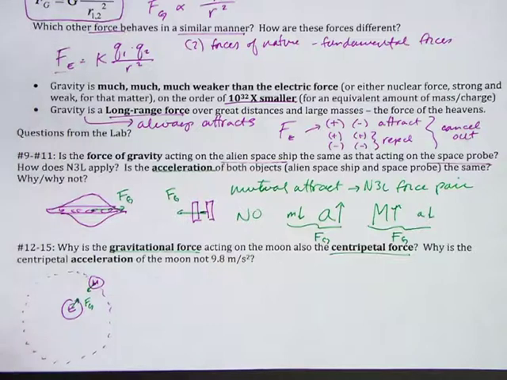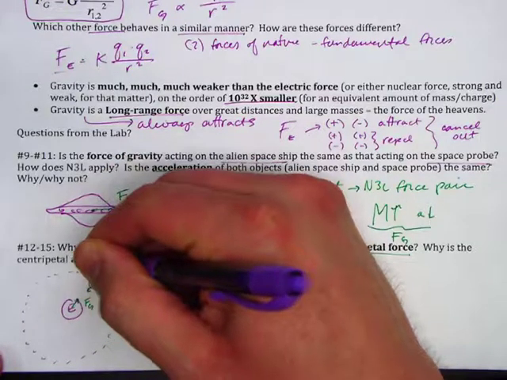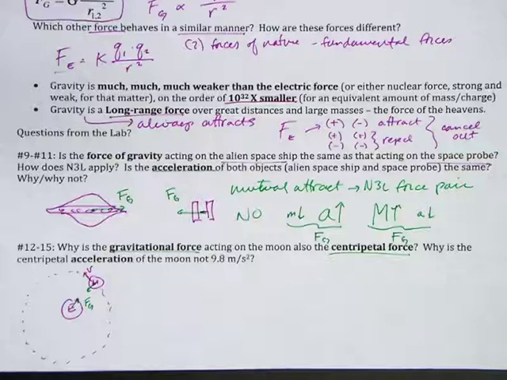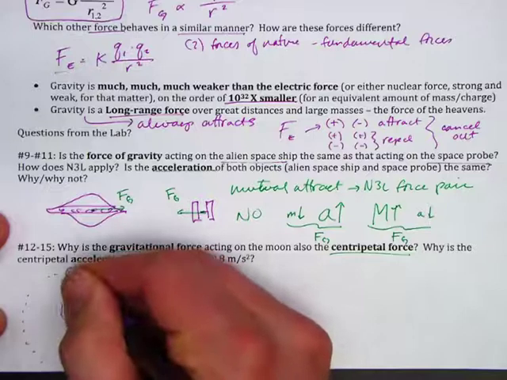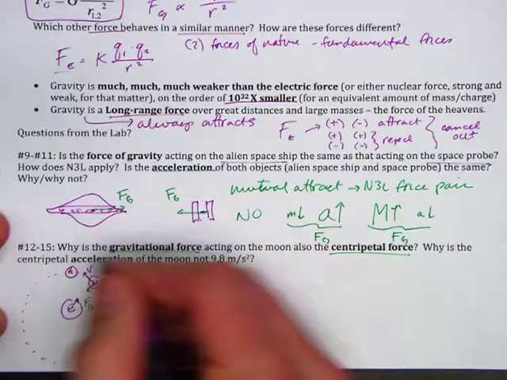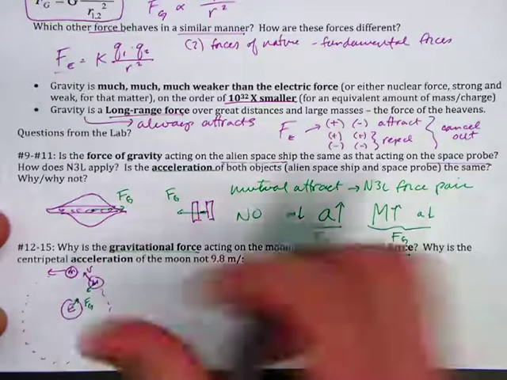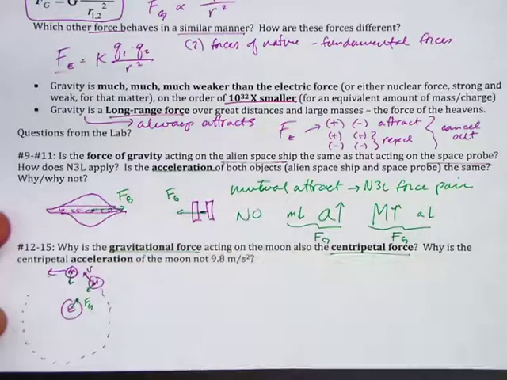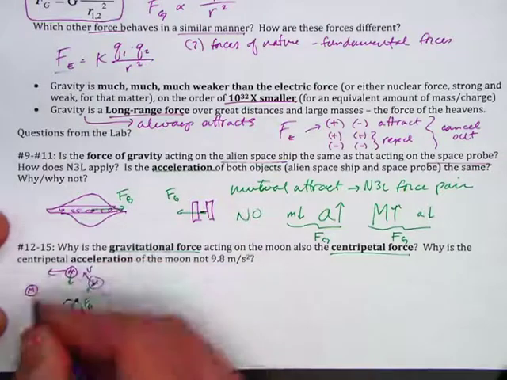This force is always acting towards the center of the objects, and as the moon rotates, it has a tangential velocity, always tangent to the circular path. And as gravity acts on it, that force becomes a force pointed towards the center of the moon's orbit.